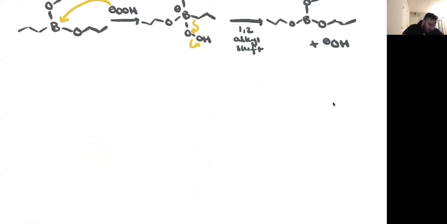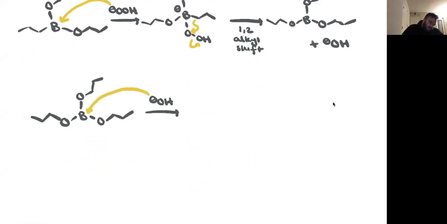Okay, I'll zoom out afterwards so you guys have time to copy things down if you didn't get the time. So the hydroxide will come in and attack the boron over here.